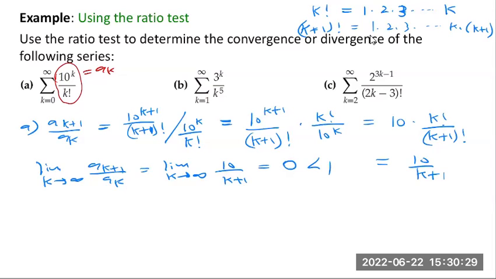So what does that tell you? By the ratio test, the series converges. Okay, so that's the conclusion.